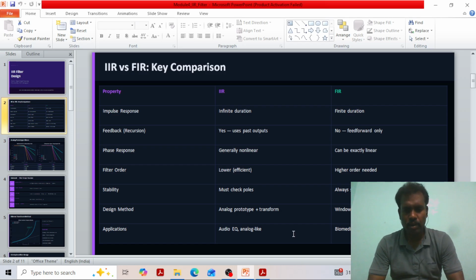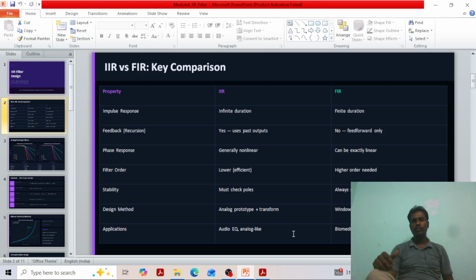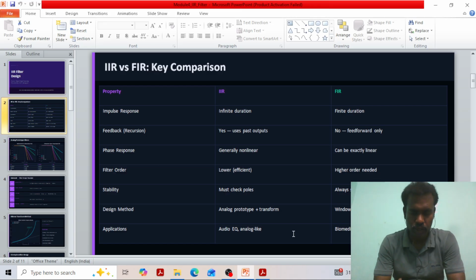As it is infinite, we cannot store those samples in a register or in a digital device. Hence, first we will approximate the analog prototype, and that analog transfer function is converted into digital. This is the method we are going to follow in IIR. Whereas in FIR, we'll use the windowing technique; we'll discuss what the windowing technique is and why we want to go for it in the FIR module.